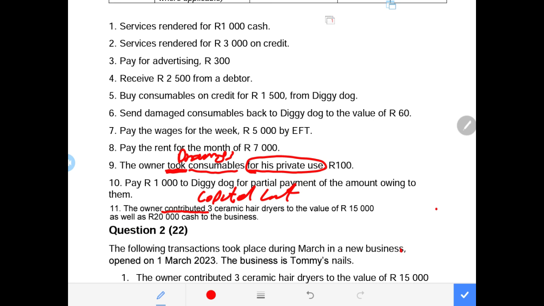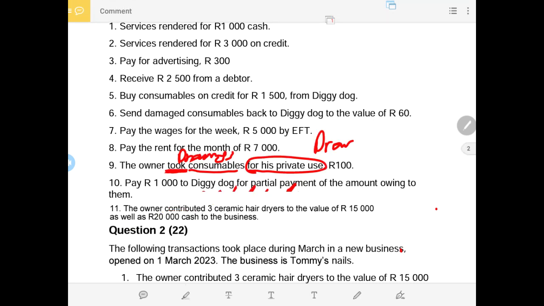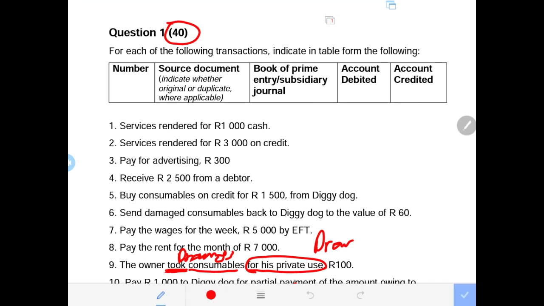That means it's completely clear that this is drawings. If the owner takes something for personal use, it will be drawings on the debit side, all the times. Then we ask ourselves, what did the owner take? The owner took consumables, so consumables will be recorded on the credit side.